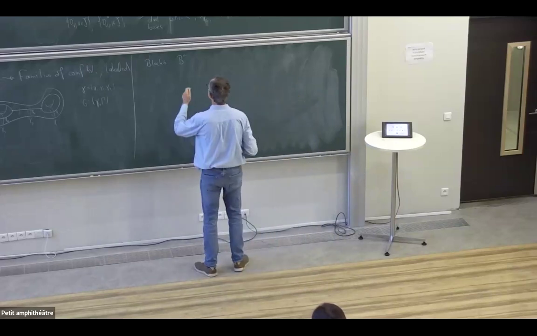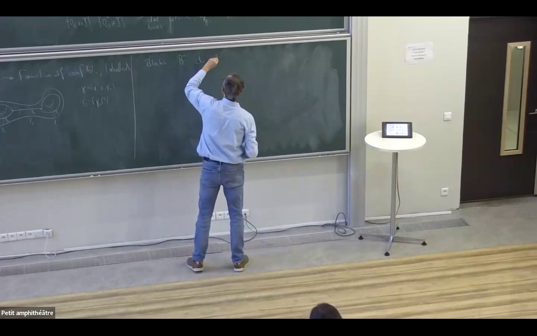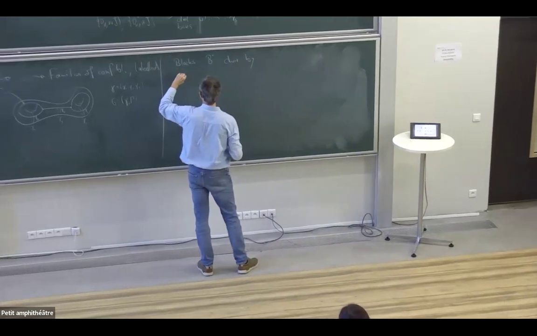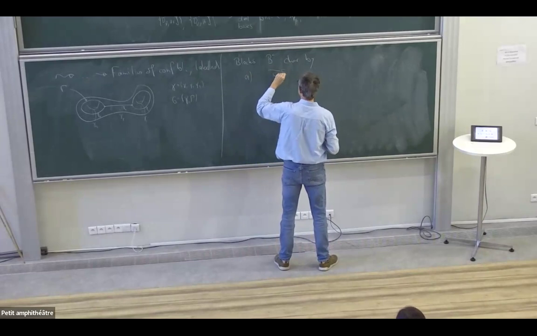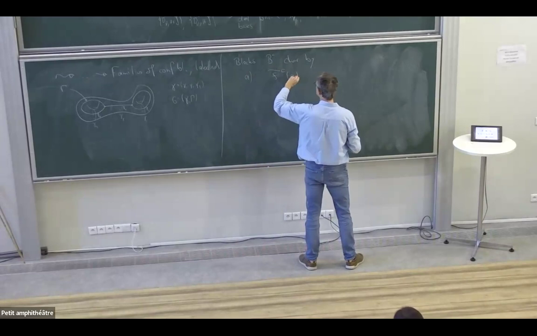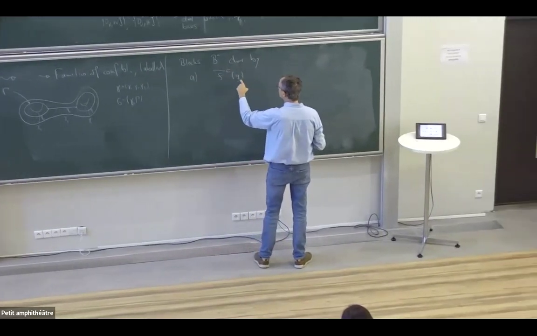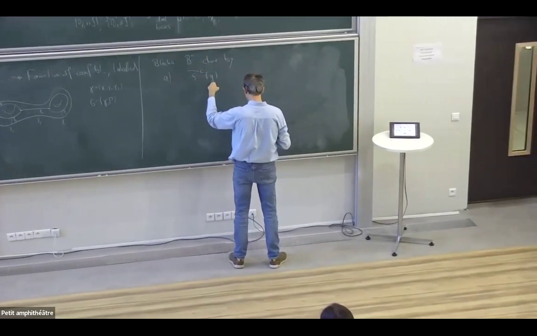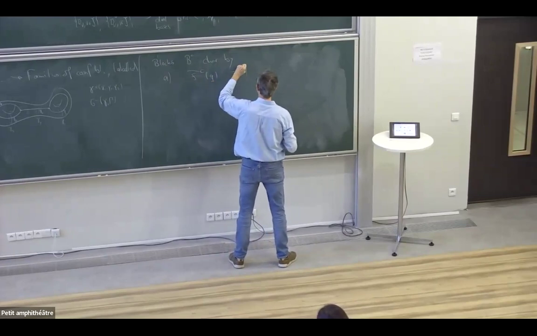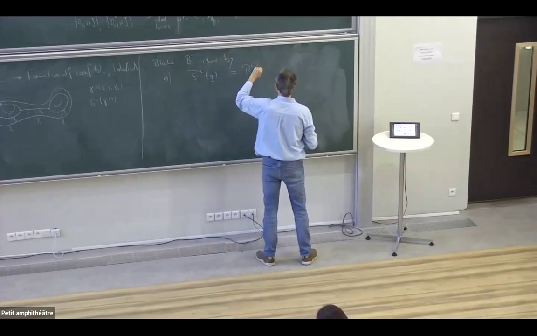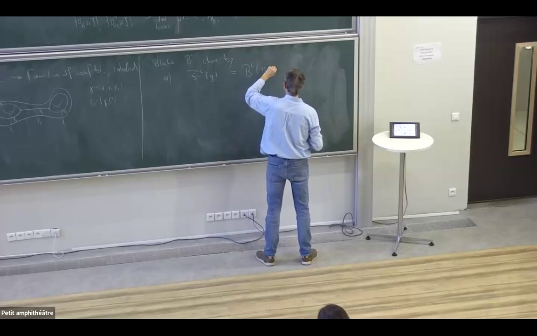Well, the relation is simple. We can define functions which then depend on the collection of gluing parameters, that's the tuple of all possible Q's that we have introduced into the game, by simply taking our block and evaluating it on a product of highest weight vectors.